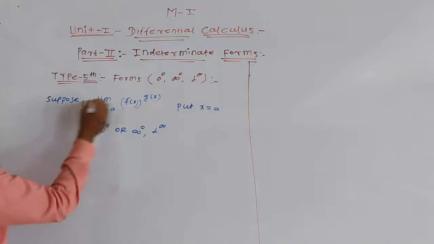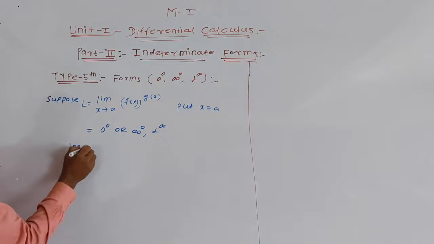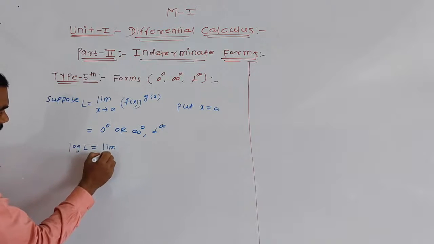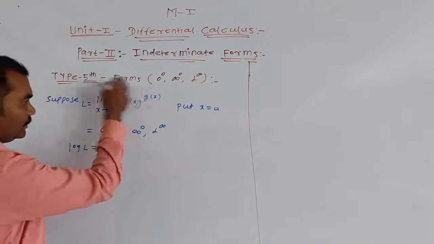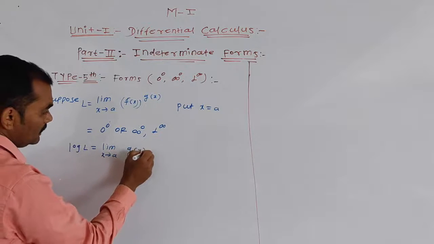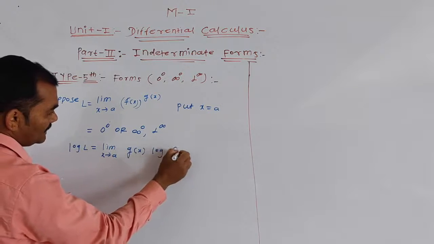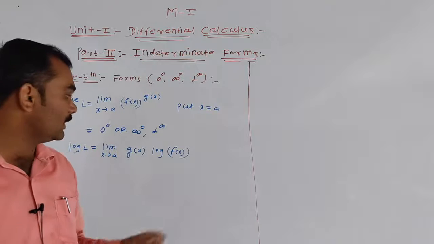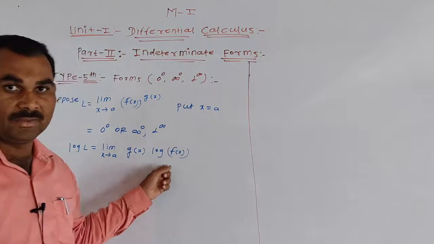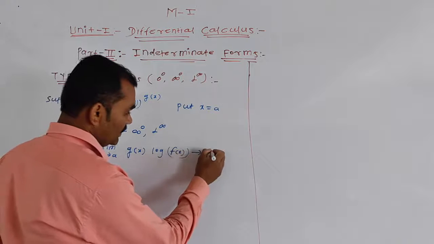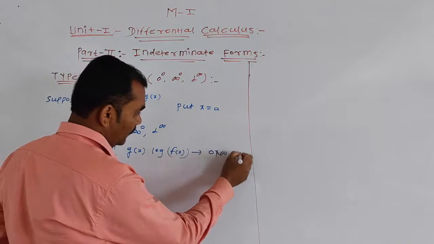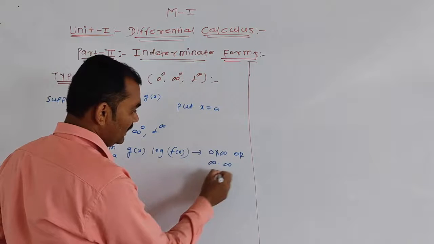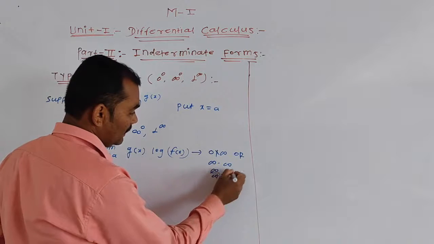Suppose this is your L, apply log on both the sides. We get limit x tends to a, this power goes to this side, so g of x into log of f of x. Now this belongs to either 0 into infinity, which we have seen, or infinity minus infinity or infinity by infinity or 0 by 0. After applying the log, this form is directly converted to 0 cross infinity or infinity minus infinity or infinity by infinity or 0 by 0.